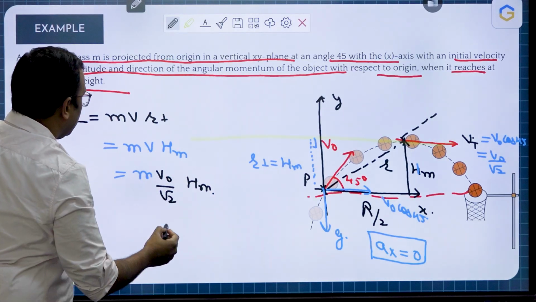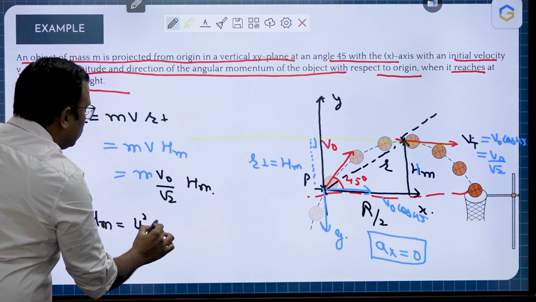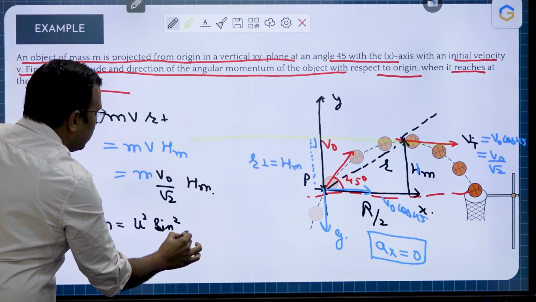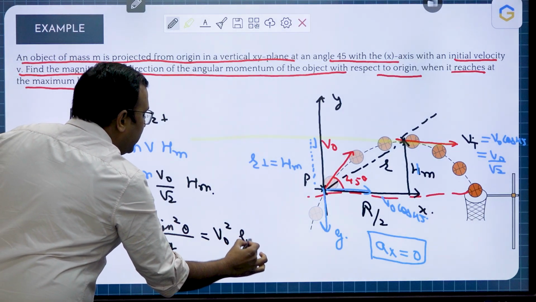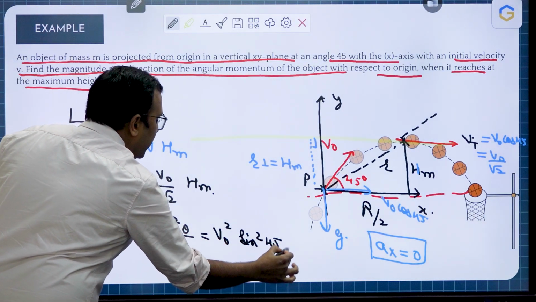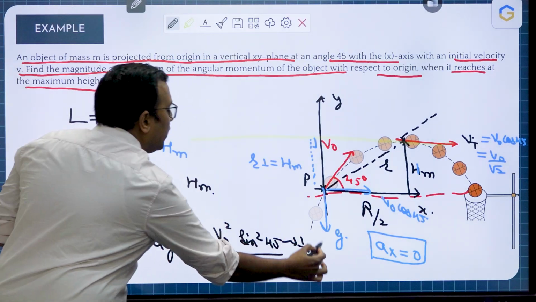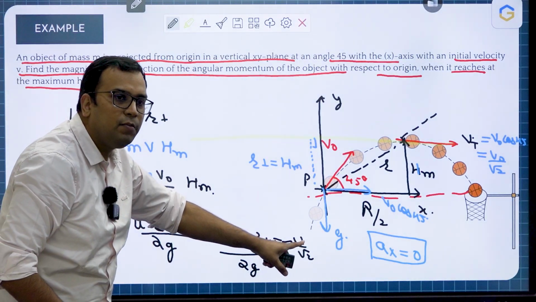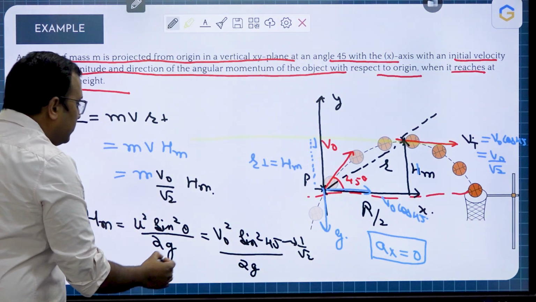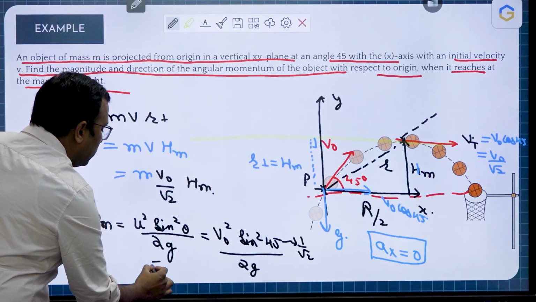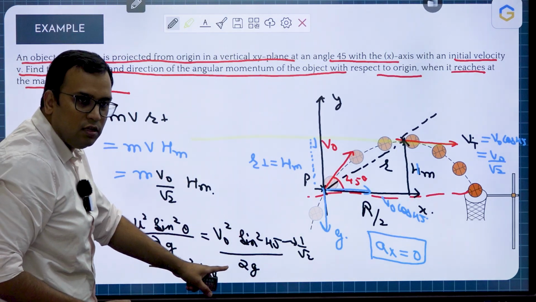And for any projectile motion, you also know one thing, that h max is equal to u square sine square theta by 2g. So v0 square sine square 45 by 2g. Sine 45 is 1 by root 2. So if you square it, this would become half. Half and 2 would become 4. So maximum height would be equal to v0 square by 4g.